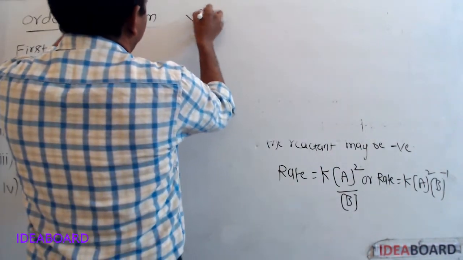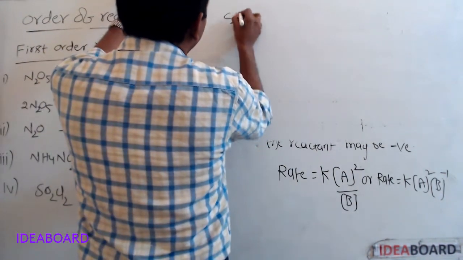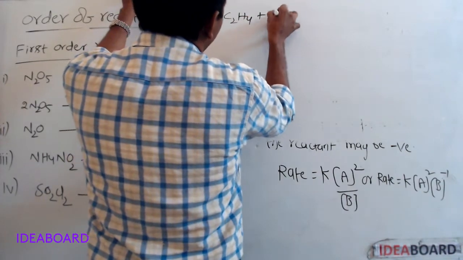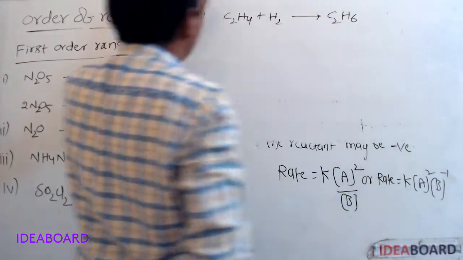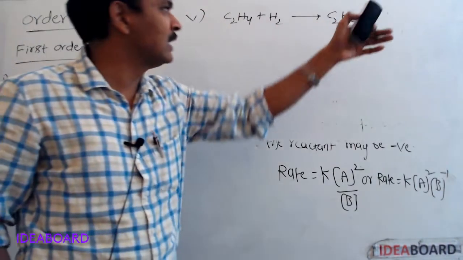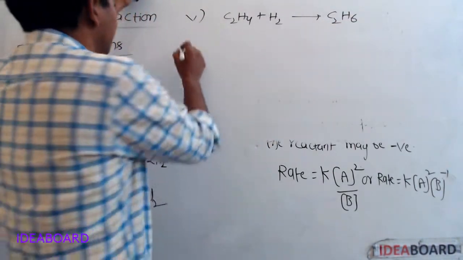Next, fifth one, hydrogenation of ethylene: C2H4 plus H2 gives C2H6. Ethylene on hydrogenation forms ethane. This is also a first order reaction.